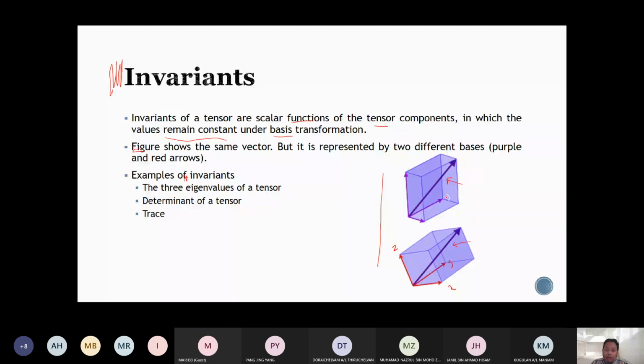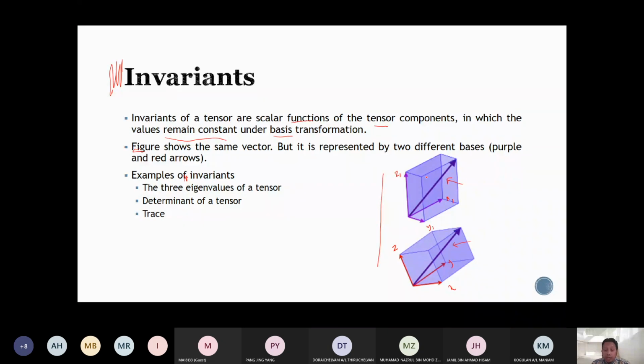So let's say you use x1, y1, z1, a different coordinate system. If you measure this vector using a different coordinate system, there are some properties of the measurement that do not change. The value doesn't change.